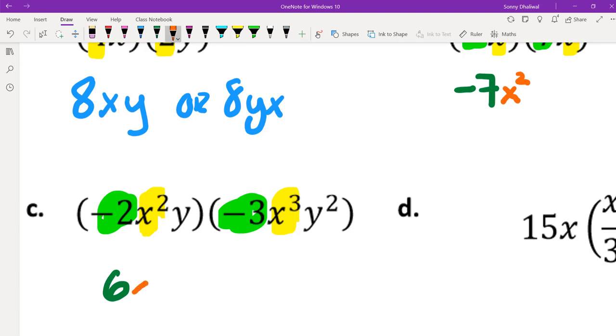So the base stays the same. What's the rule? We add the exponents. 2 plus 3? 5. And then the second one, what about the y? So it'd be y cubed. The base stays the same. We add the exponents. Right?